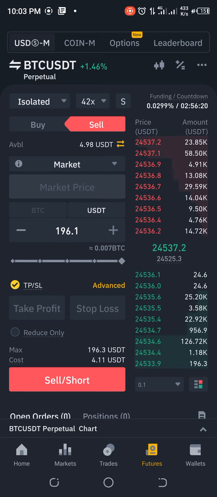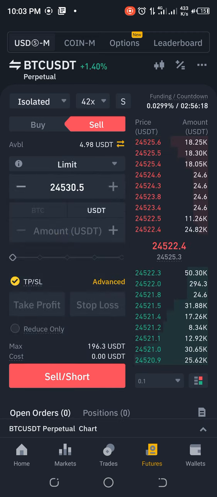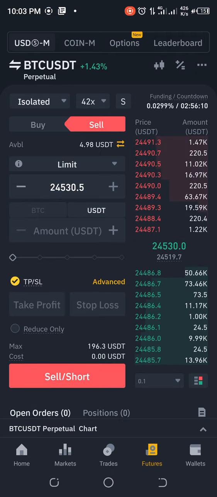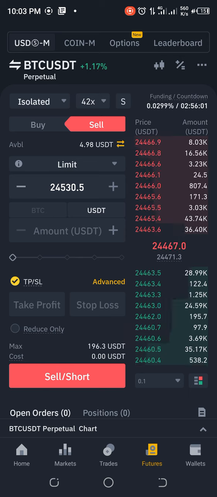But if it is limit, it means you are waiting for the price of BTC here. This pair is BTC USDT. It means you are waiting for the price of BTC USDT to maybe move away, maybe you are waiting for the price of BTC to enter. Now, for example, the price is currently $24,462, right?